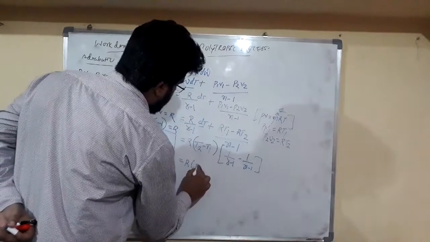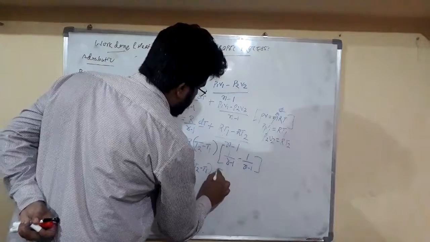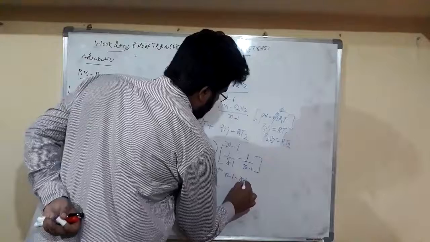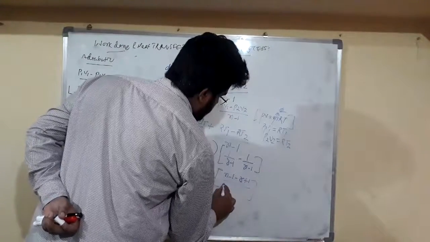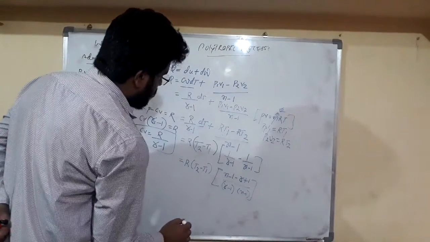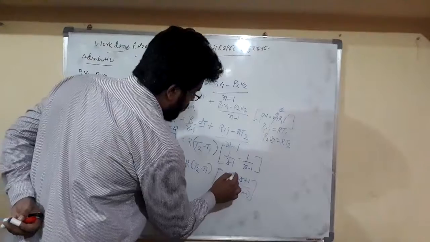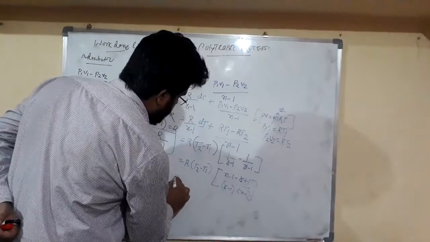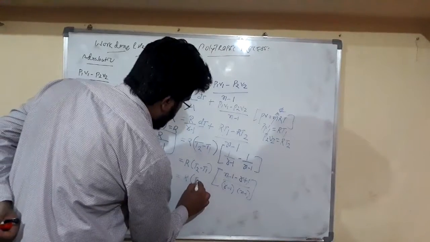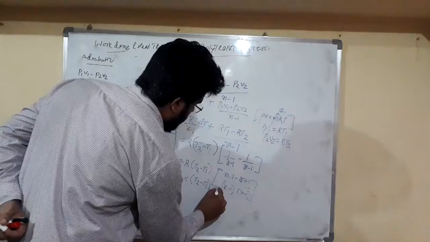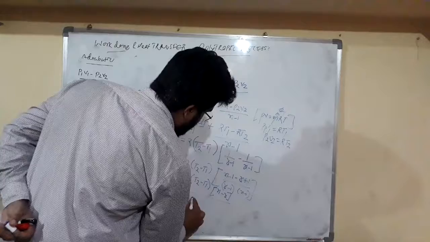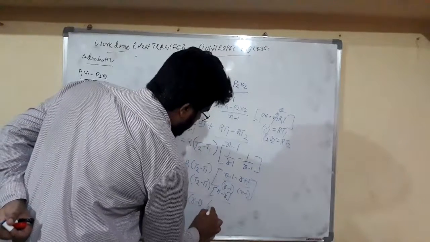R(T2 minus T1), friends, cross multiplied here, minus (gamma plus 1) upon (gamma minus 1)(n minus 1). Dear friends, this becomes cancelled here, and we will find T2 minus T1 times (n minus gamma) upon (gamma minus 1)(n minus 1).